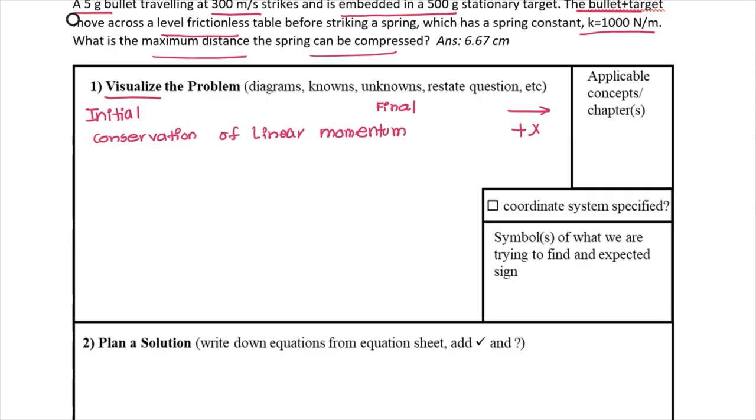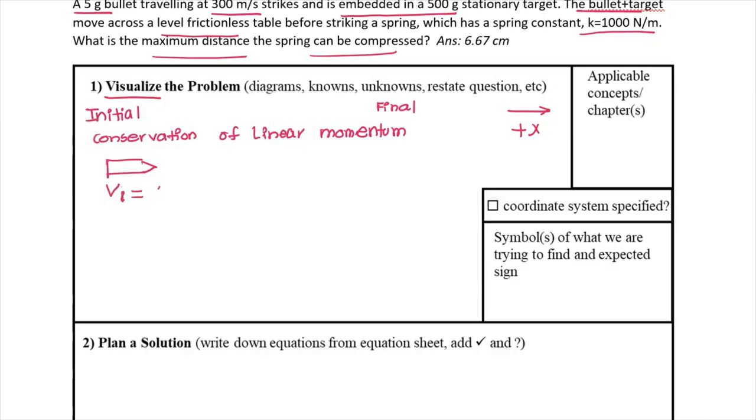Initially, the bullet is moving at 300 meters per second and it has a mass of 5 grams. And the target is at rest, so the speed of the target would be just 0. After the collision, they move as one system, which means this is a perfectly inelastic collision.